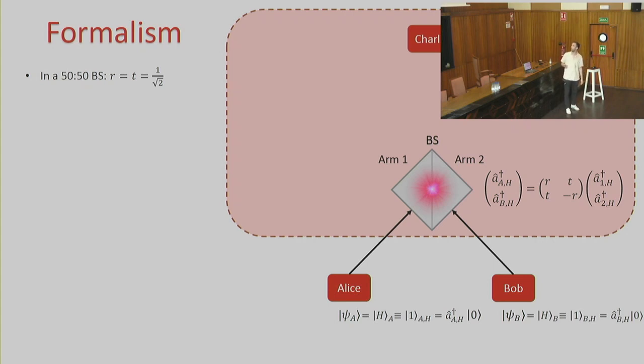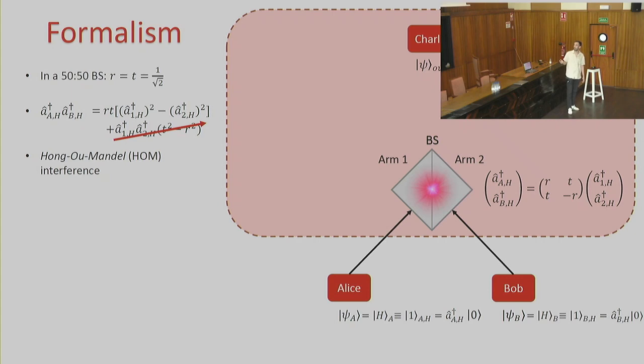Once we do this, we can calculate the output state. So we apply the operators and I've expanded them here. If you see this last term here in a 50-50 beam splitter where R and T are equal, this term would cancel out. And this cancellation is called the Hong-Ou-Mandel effect or Hong-Ou-Mandel interference.